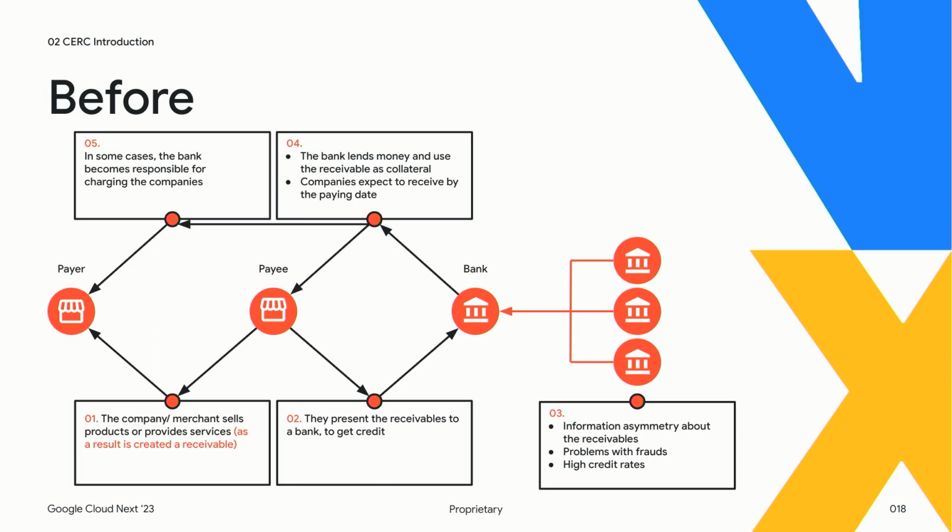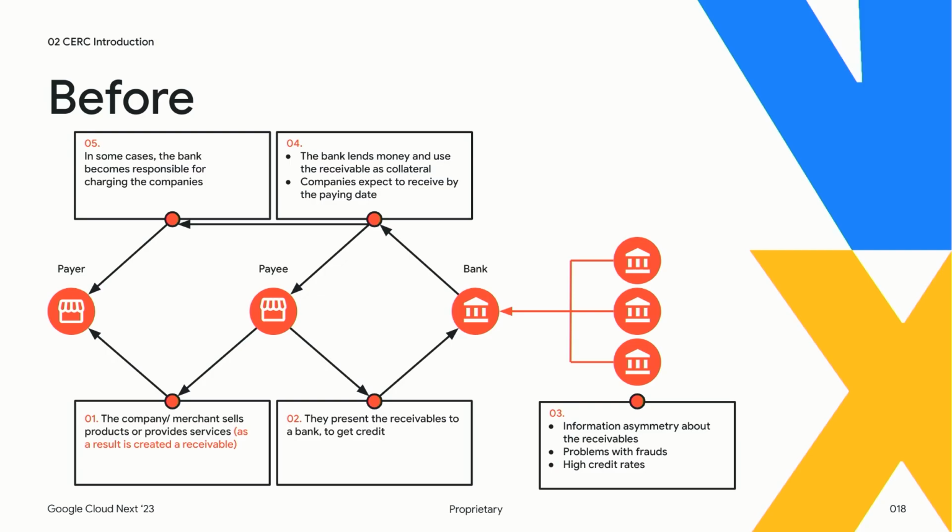What happens here? The first problem is fraud. We have a lot of fraud in this situation, but the most important problem is rates. In Brazil, you have high credit rates. In credit cards, for example, you have more than 100% in rates a year. So it's a good market for the banks, but for the companies, it's not so good.